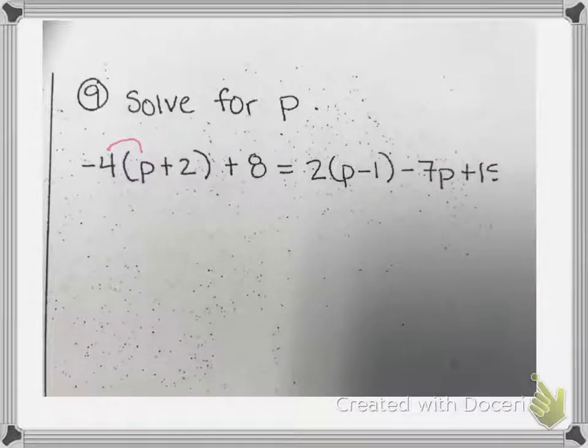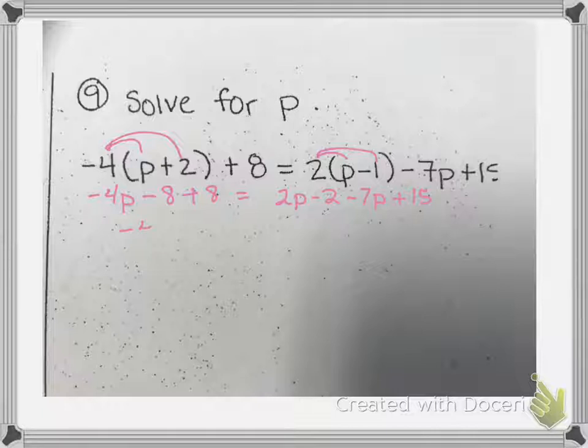Okay, solving for p. We're going to distribute and then combine like terms. Negative 4 times p and times 2 gives me negative 4p minus 8 plus 8. 2 times p minus 1 gives me 2p minus 2, and then we subtract the 7p and add the 15.